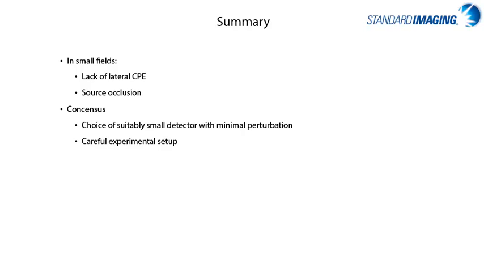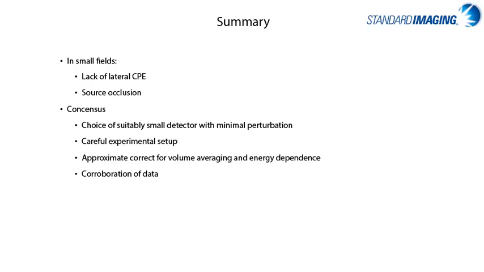Ensure that your instruments are carefully set up and double-checked. Also, ensure that the correction factors for volume averaging and energy dependence have been determined for whatever dosimeter you're working with, if they are applicable. And finally, compare your measured values with published values, although make note of the fact that there are higher uncertainties associated with small field measurements.